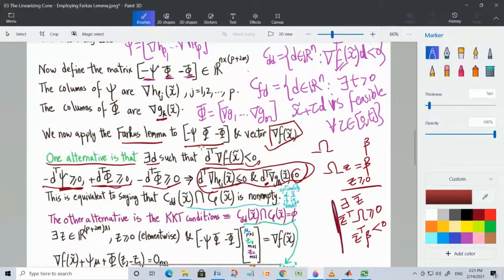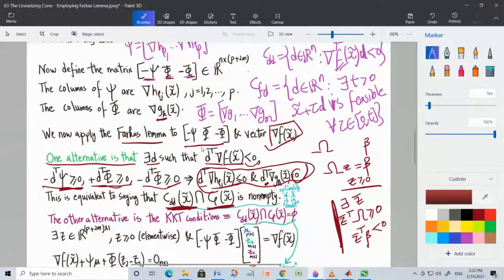So this alternative means that there is a vector in the cone of descent directions, and at the same time in the linearizing cone. So this means that the intersection between these two cones is non-empty. So who cares?